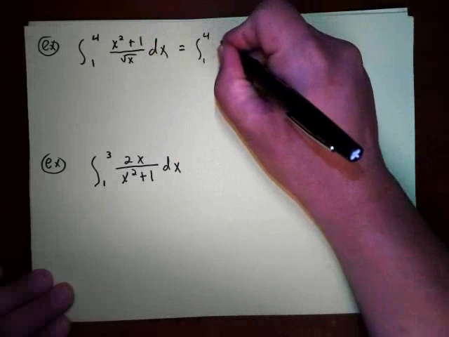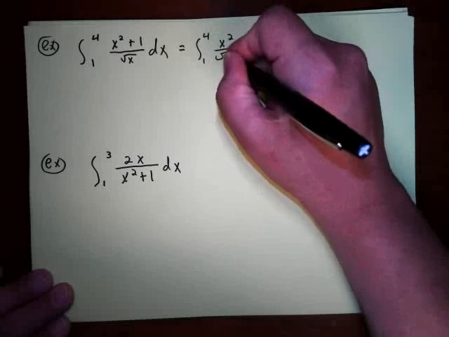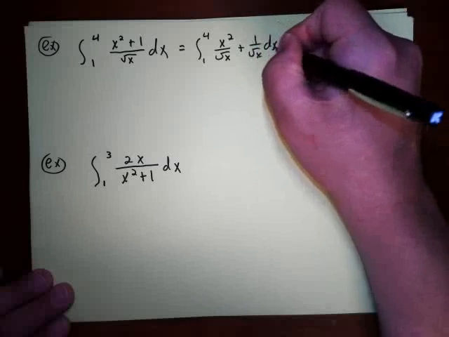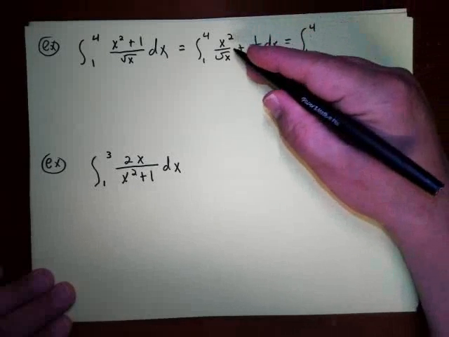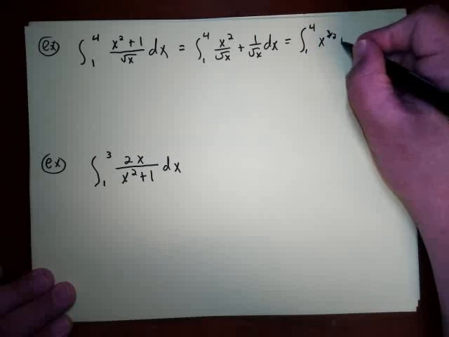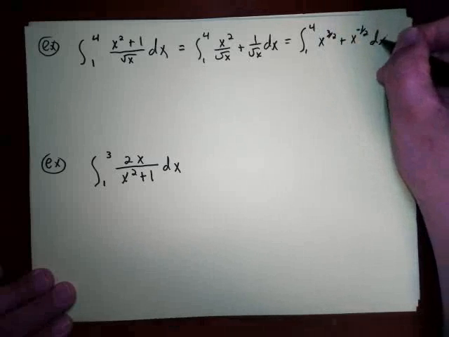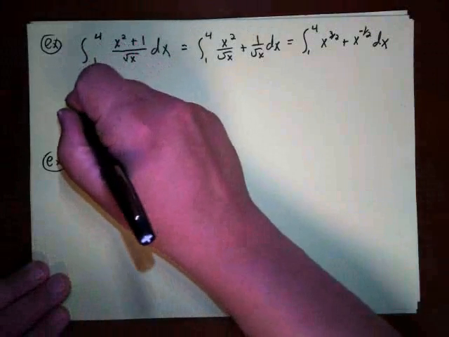So I get x squared over square root of x plus 1 over the square root of x. And then I can rewrite this as x to the 3/2 plus x to the negative 1/2 dx. And now I can just use the power rule on each piece here.